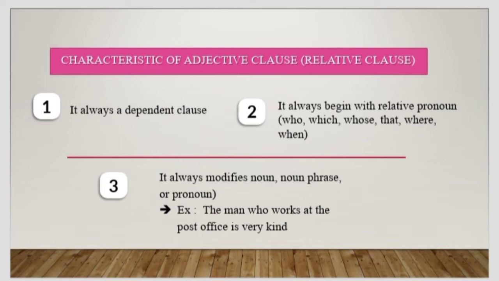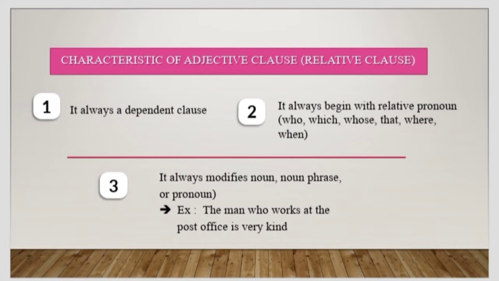The man is the main clause. Who works at the post office is the relative pronoun clause, and is very kind is the complement. So in Indonesian we can translate who as "yang".